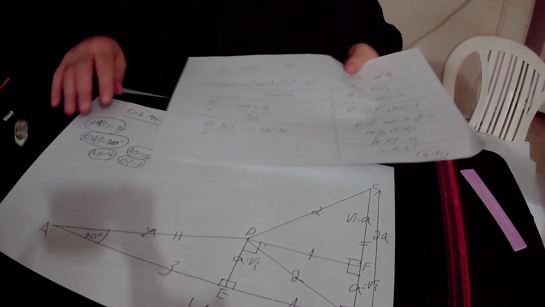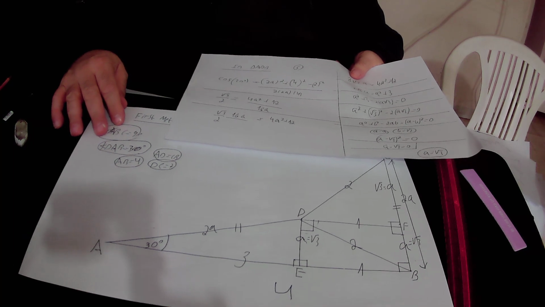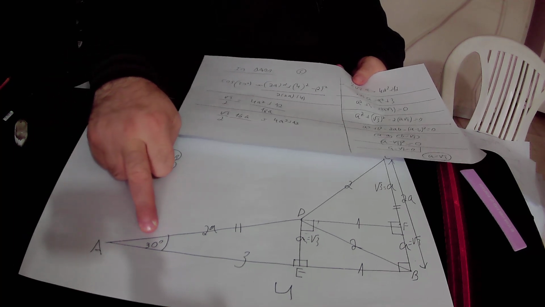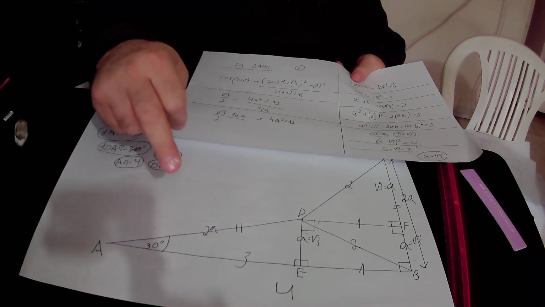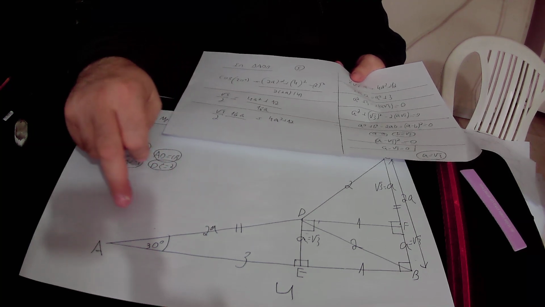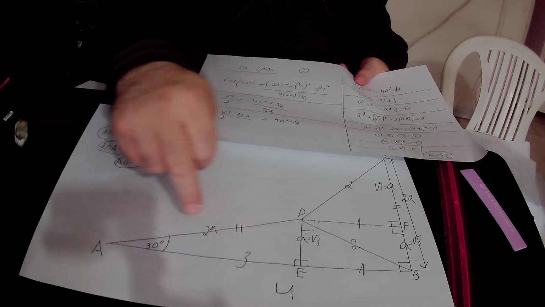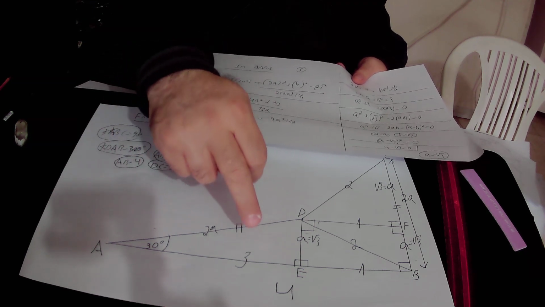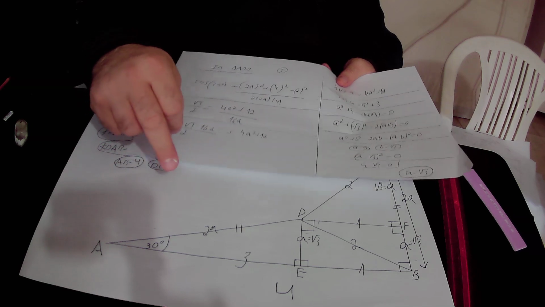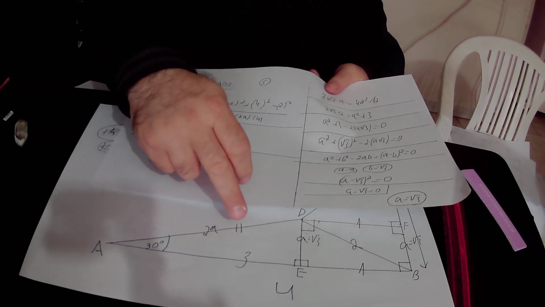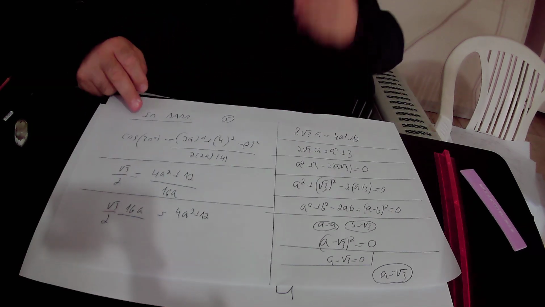In triangle ADB, cosine 30 degrees equals 2A squared plus 4 squared minus 2 squared over 2 times 2A times 4. Okay?